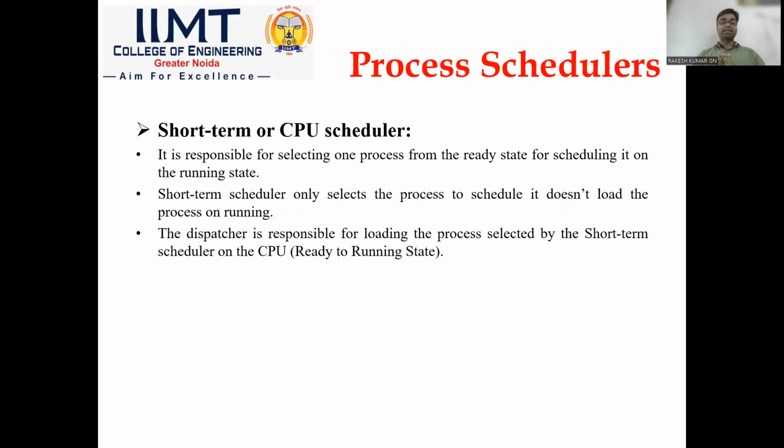The short term scheduler only selects the process to schedule. It doesn't load the process or force any process. And the third point is the dispatcher is responsible for loading the process selected by the short term scheduler onto the CPU at running time.